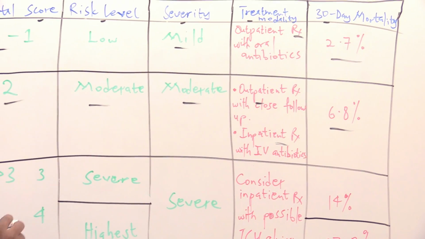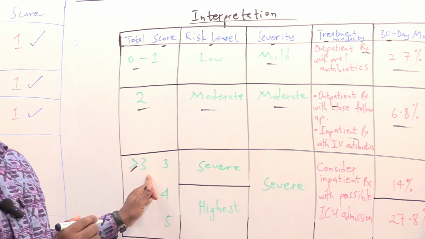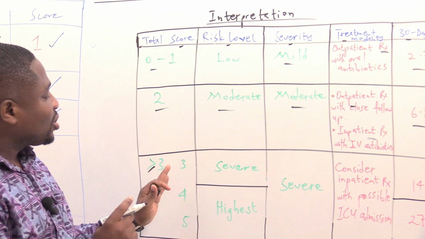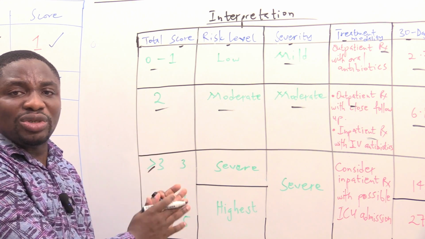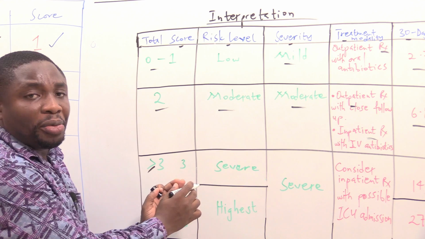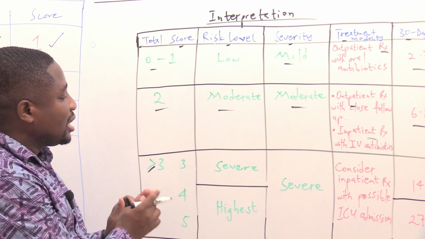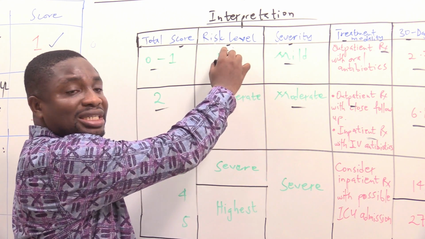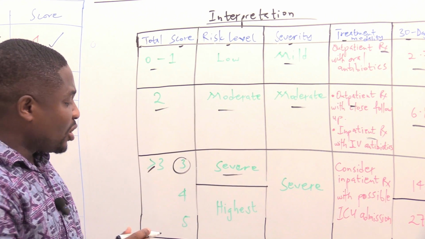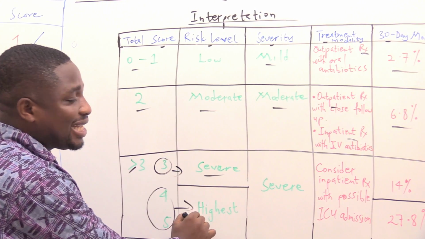If the total score is greater than or equal to 3, what are we talking about? Then we can divide it into categories: if it is equal to 3, and if it's equal to 4 or 5. If the total score is 3, that makes the risk level severe. And if it's 4 or 5, that makes the risk level highest.